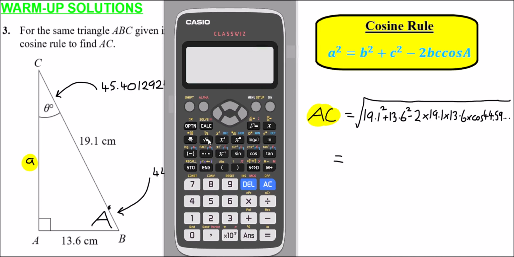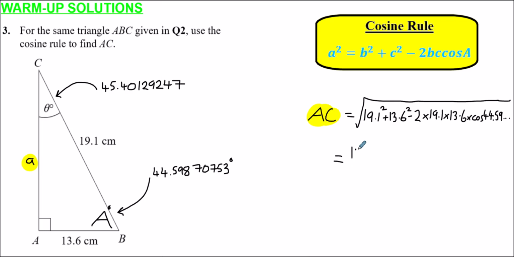So I'm just going to do square root of 19.1 squared plus 13.6 squared minus 2 multiplied by 19.1 multiplied by 13.6 multiplied by cos of the answer which is stored in the calculator, which is the angle. We get 13.4 centimetres, which is what we got much easier when just using Pythagoras. So this sort of proves, as it were, that the cosine rule is an extension of Pythagoras and can be applied to a triangle with any type of angle, not just a right angle.